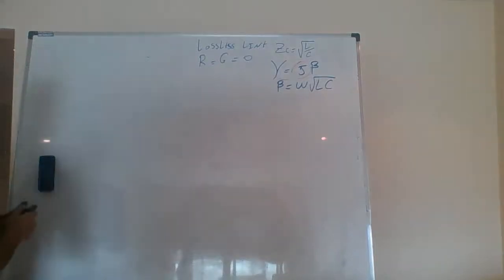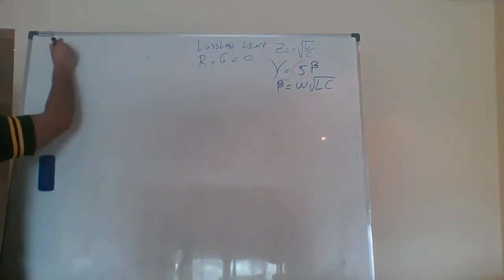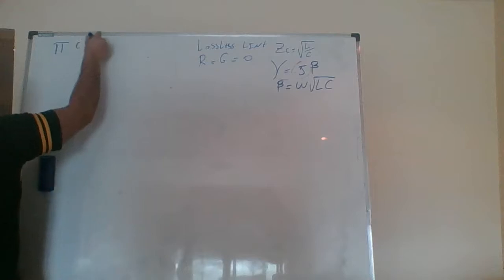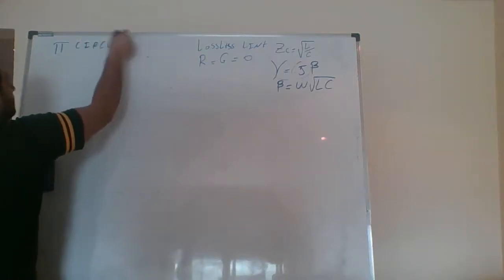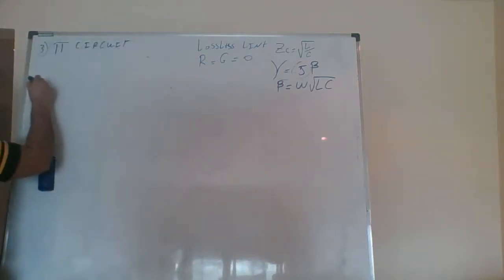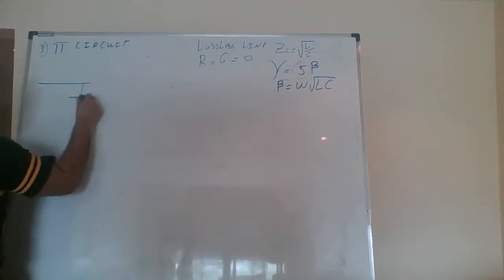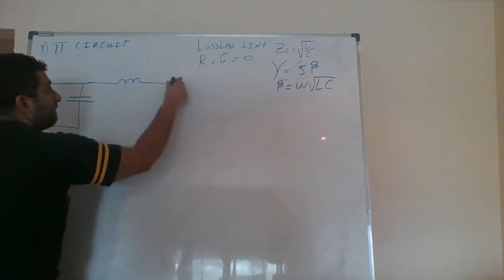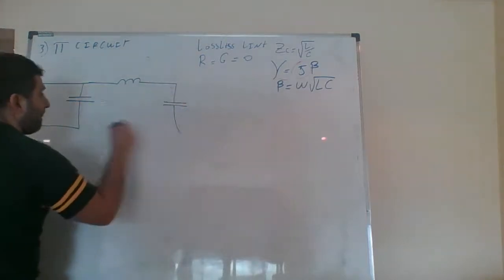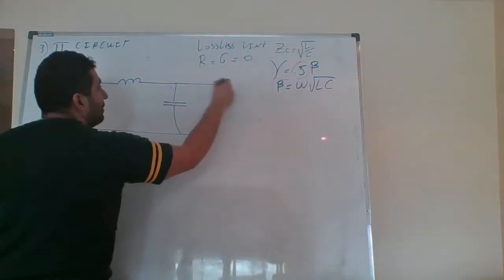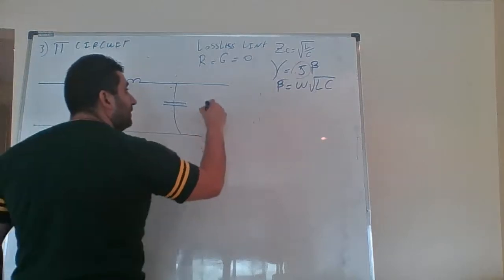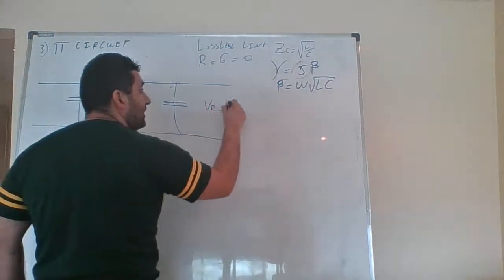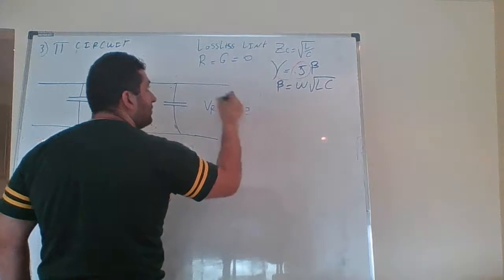I want to be able to represent any transmission line using this pi circuit. VR is equal to magnitude of VR at angle 0.